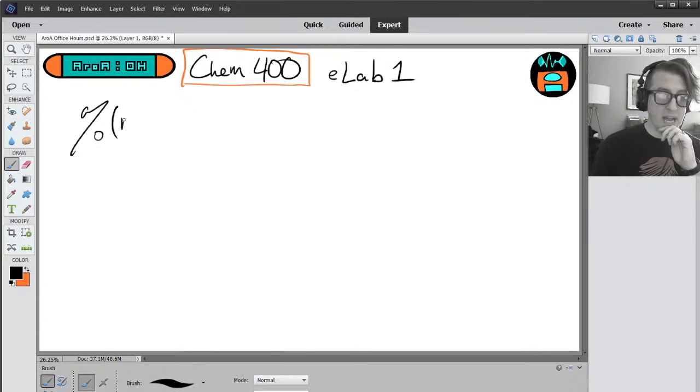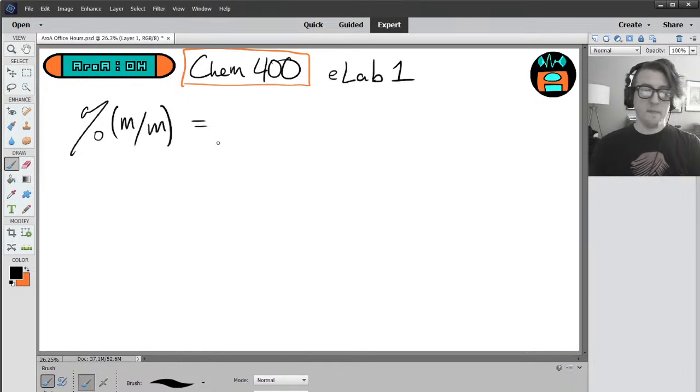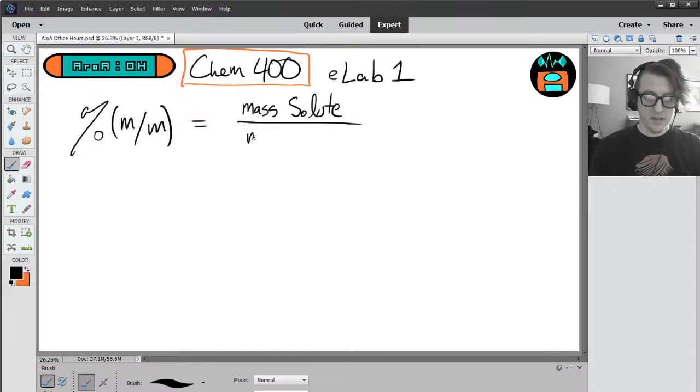All right, now percent mass is a concentration unit, and percent mass is equal to the mass of the solute divided by the mass of the entire solution times 100.